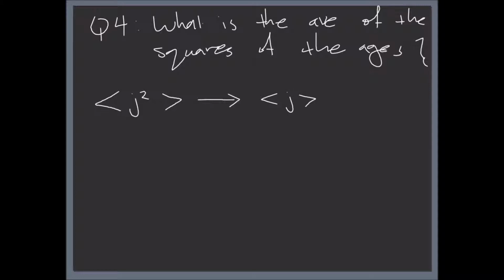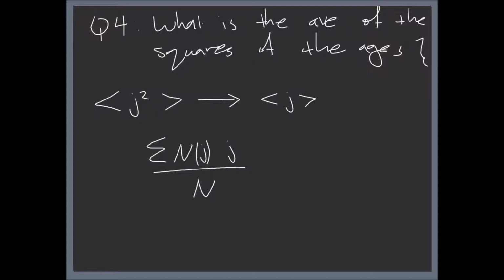As you notice from the previous slide, the expectation value of J is the number of people at a certain age, times that age, divided by the total number in the room, and we are summing over that age.